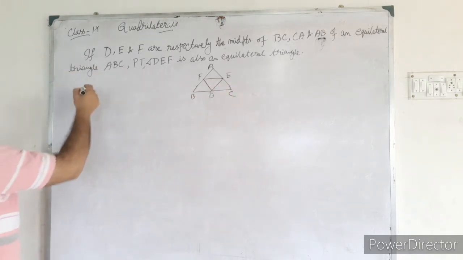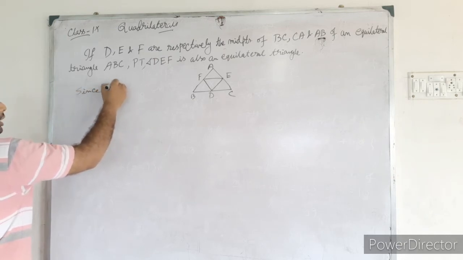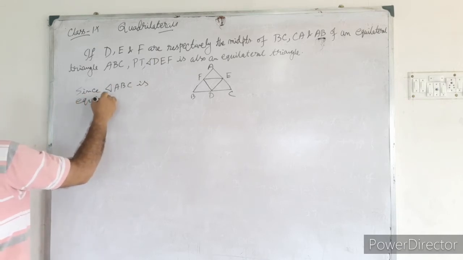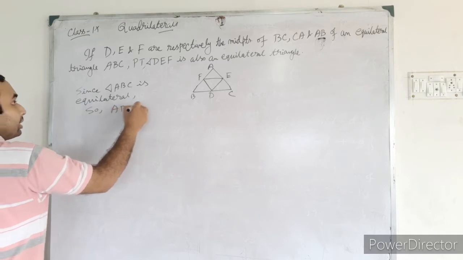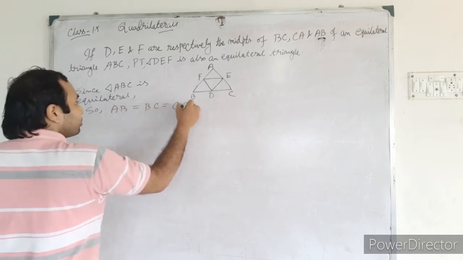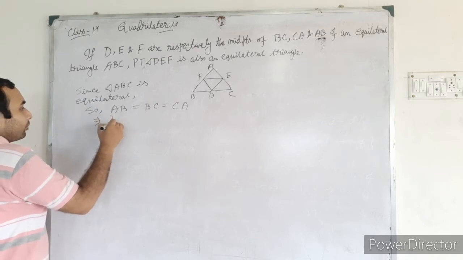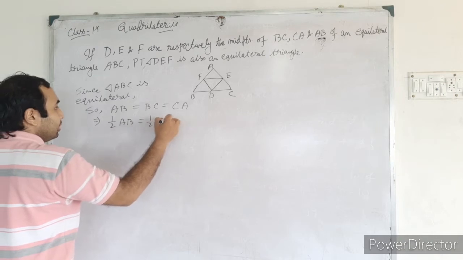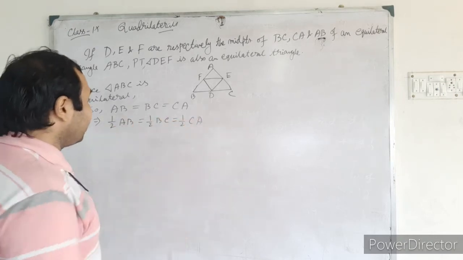Since triangle ABC is equilateral, AB is equal to BC is equal to CA. Now half of AB is equal to half of BC is equal to half of CA. Okay, keep it like that.